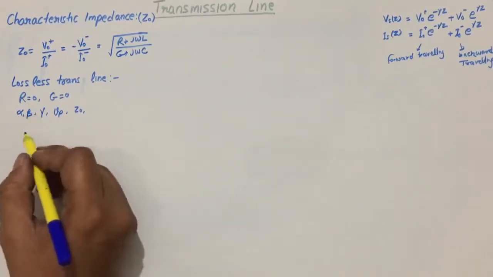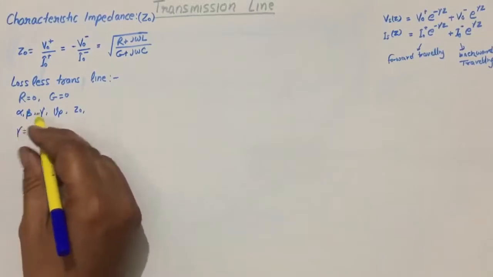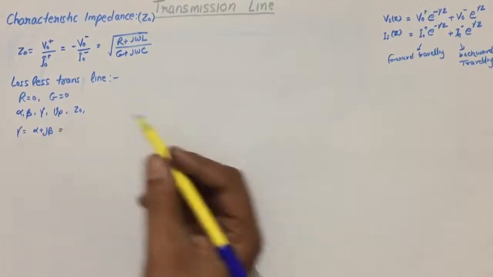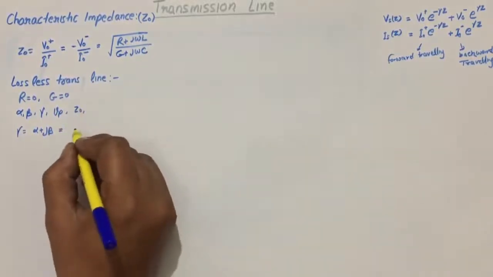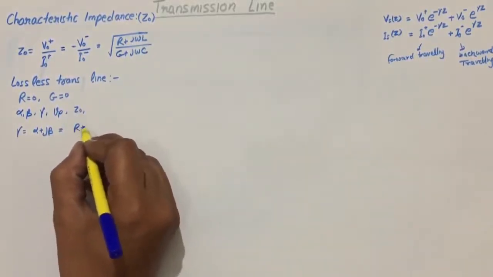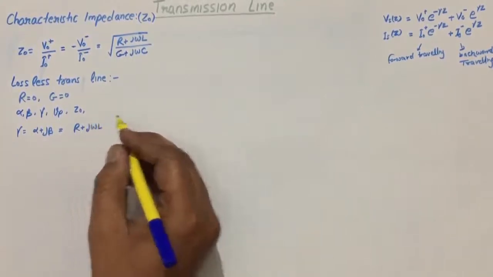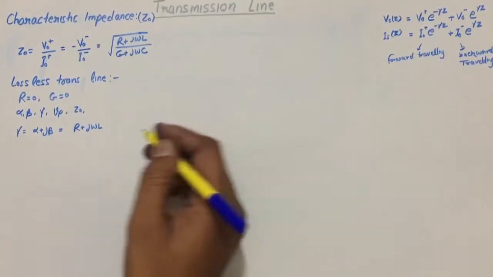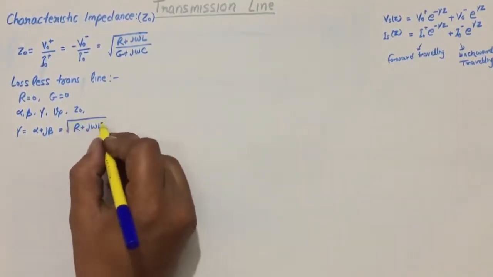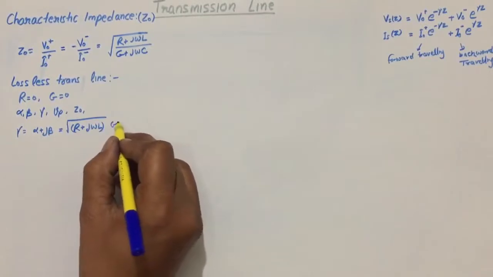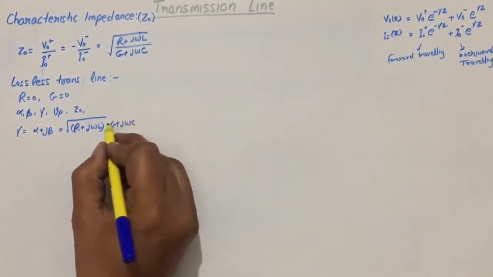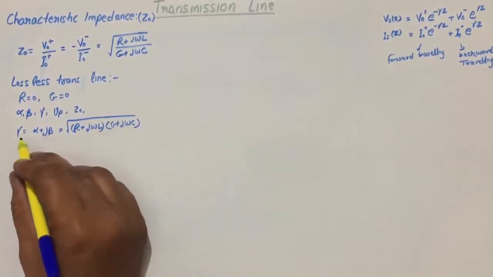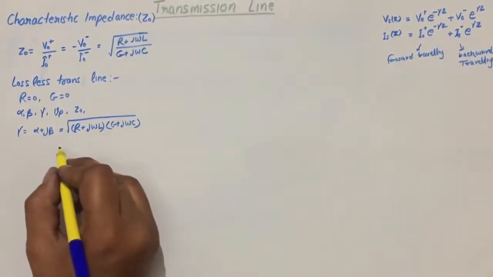finding alpha and beta. So we know gamma is equal to alpha plus j beta. That can be written here as square root of R plus j omega L times G plus j omega C, that is ZY. A few minutes before, we have seen this. That is nothing but gamma, that is alpha plus j beta.